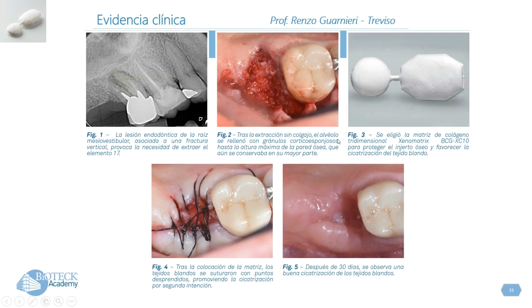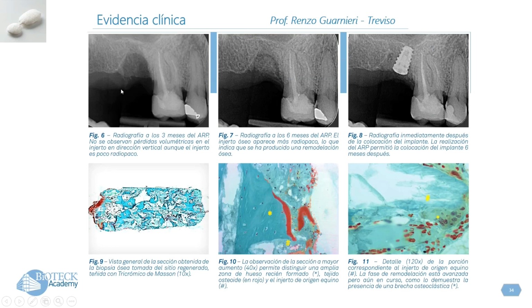He put the graft, and the Xenomatrix is put well within, and it is left partially exposed with the sutures. And at 30 days it already looks completely healed. And here it is interesting because also in this case he used collagenated granules of OsteoXenon line.